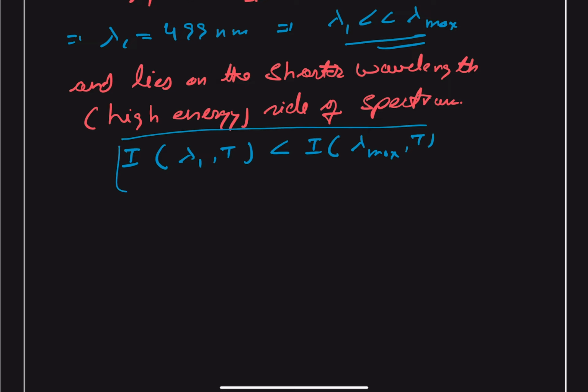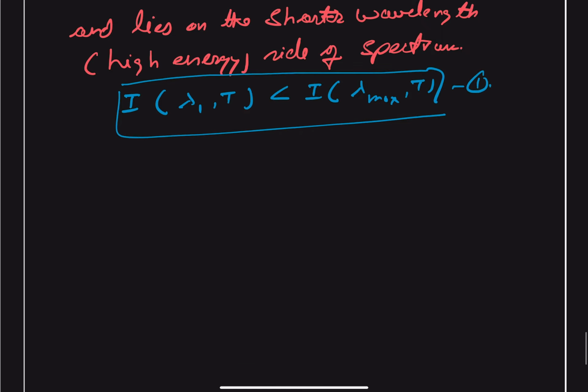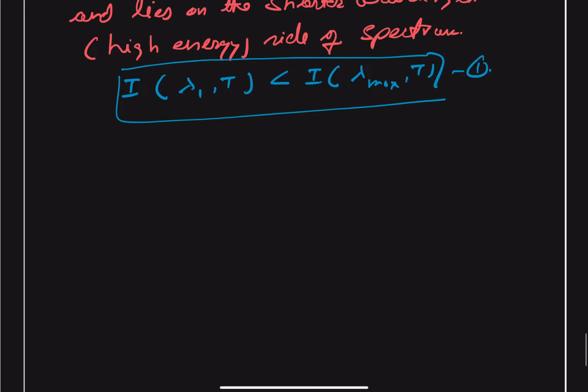Let us call this equation number 1. Similarly, lambda 2 is equal to 999 nanometers, and this lambda 2 is fairly close to our lambda max.